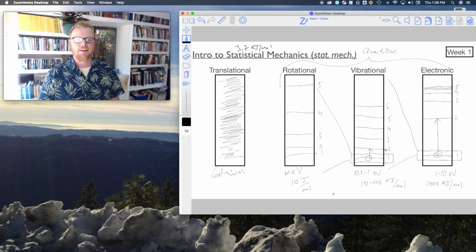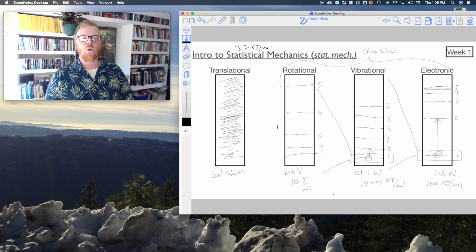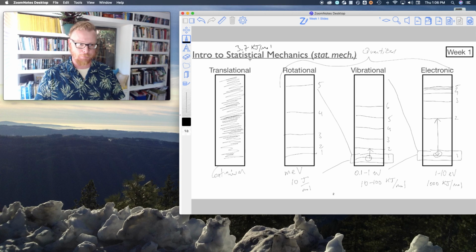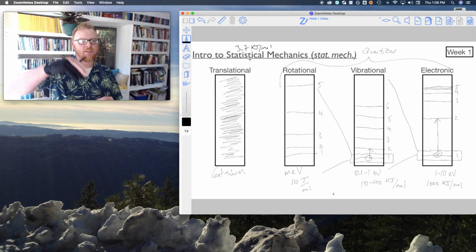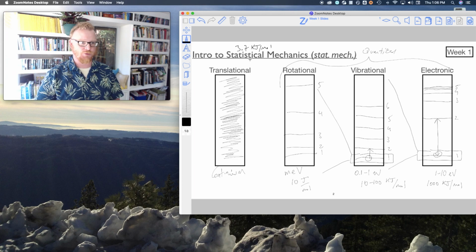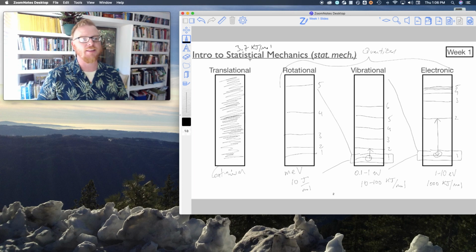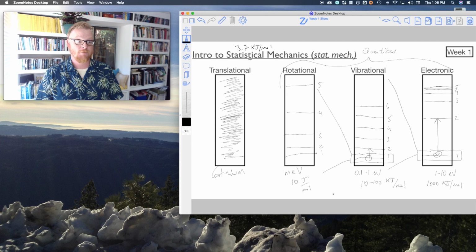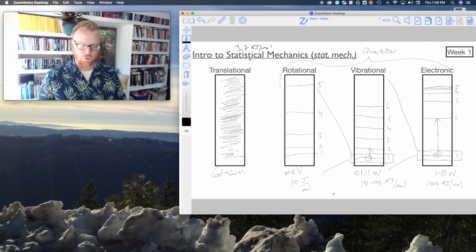Now, the rotational levels are only spread out by single millielectron volts, which is like 10 joules per mole. So we have more than enough thermal energy at room temperature to have a series of populated rotational levels. And that's true for atoms and that's true for molecules. And for the continuum, these energy levels are crazy small together, sub-millielectron volt.